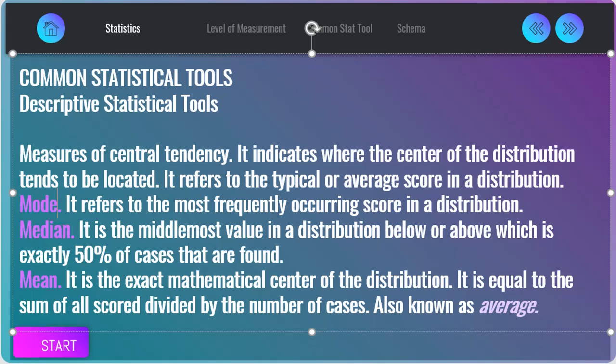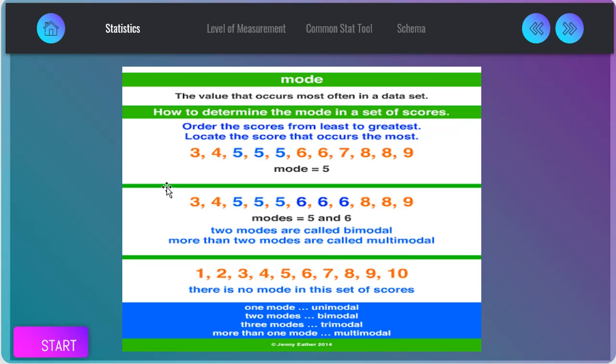Now let's take a look at an example. In this example, we can see in the first row that number 5 occurred 3 times. So this is the value that occurred the highest among the values that we see in the first row. So the mode in this first row is number 5.